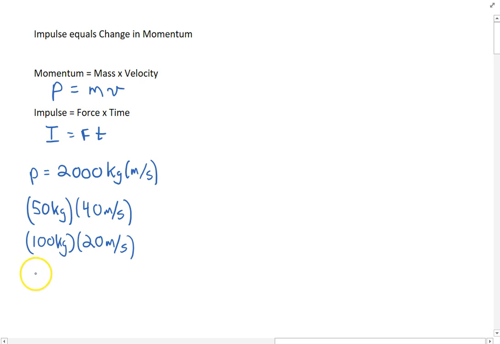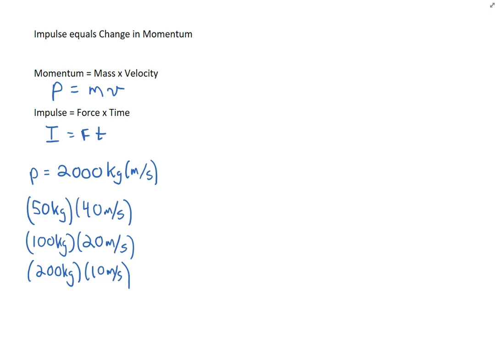Or I could have 200 kilograms traveling at 10 meters per second. You can really have an infinite number of these. I could have 2,000 kilograms traveling at 1 meter per second, but I'll just limit it to these three. So all three of these give me 2,000 units of momentum.